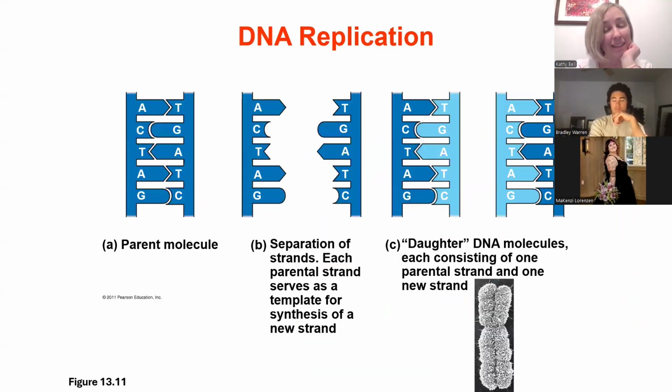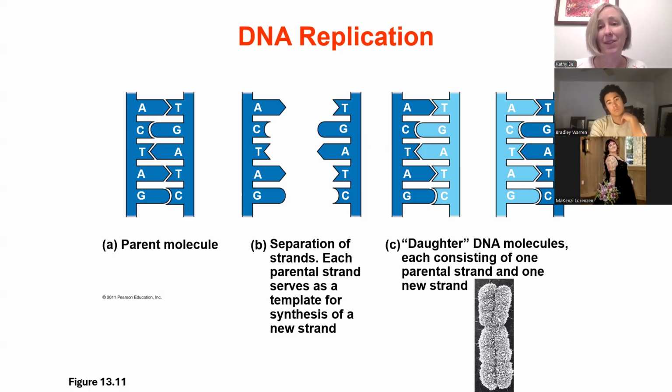All right, and then DNA replication. When cells are getting ready to divide, they need to make a copy of their chromosomes. And so all they're going to do is separate the two strands, use each one as a template, and then make a new strand to go along with the old strand.